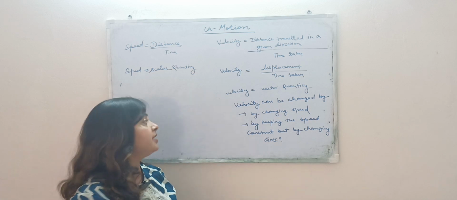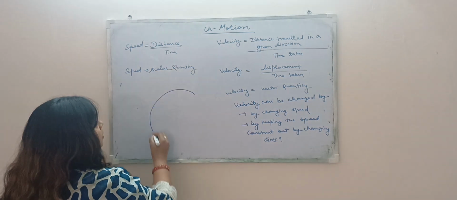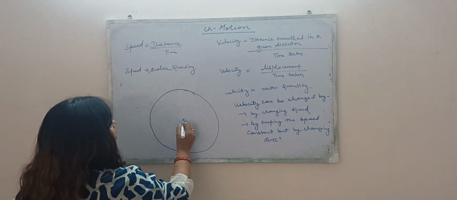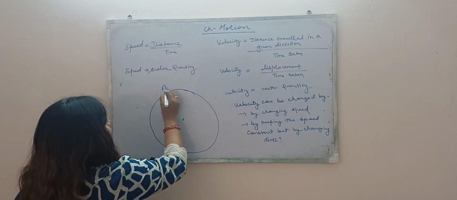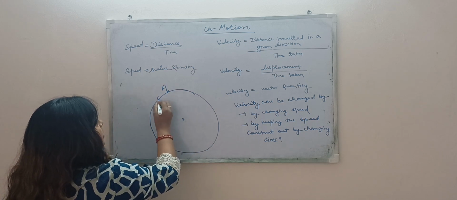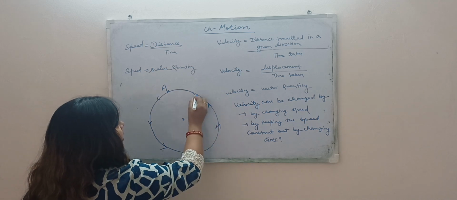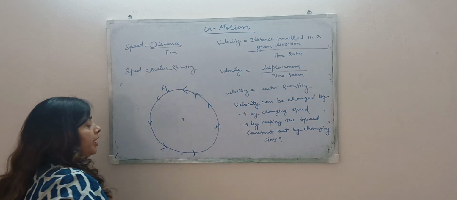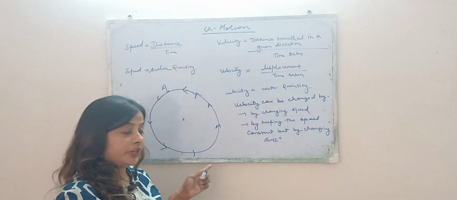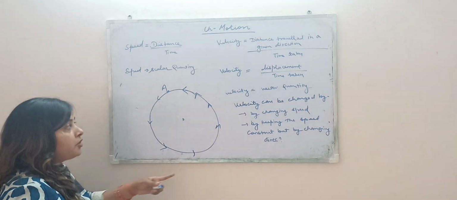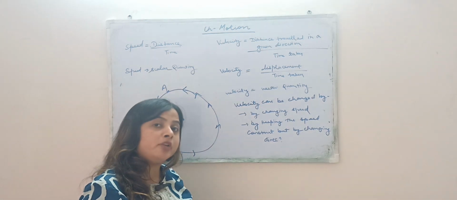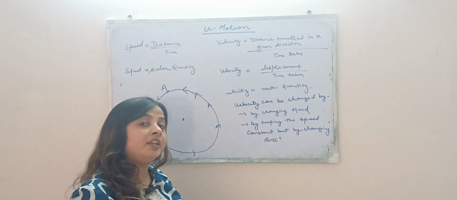An example of this is a body moving on a circular track. Suppose the body started from point A and is moving on a circular track, and let us say that the speed of the body is constant. So, speed is constant. Will the velocity also remain constant? No, velocity will change.